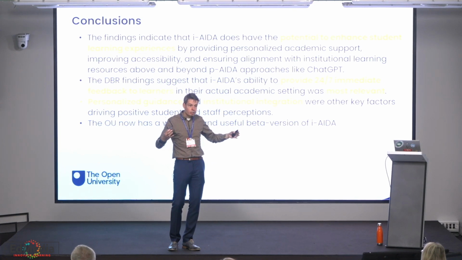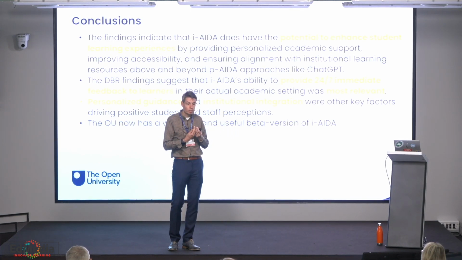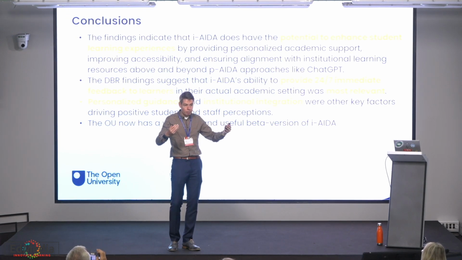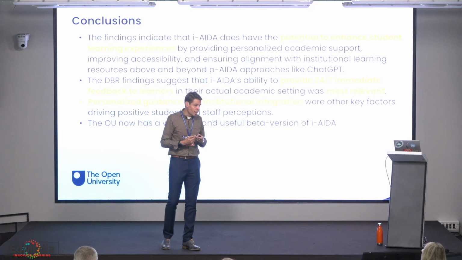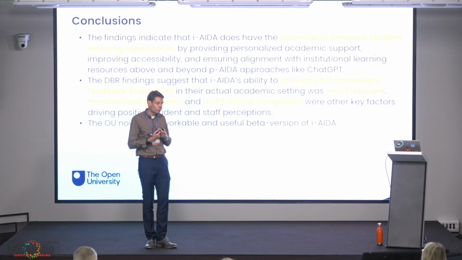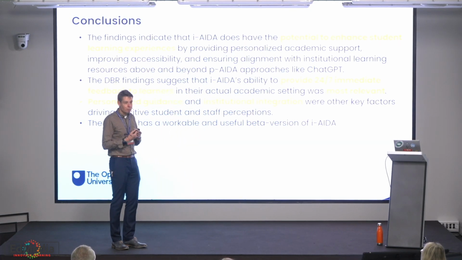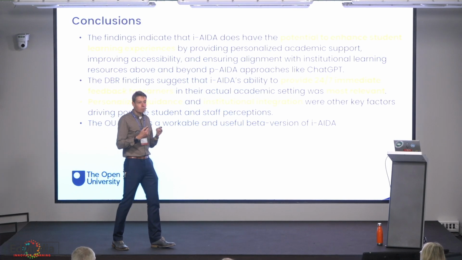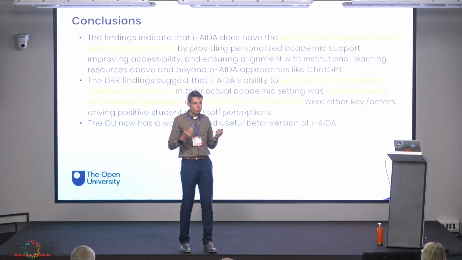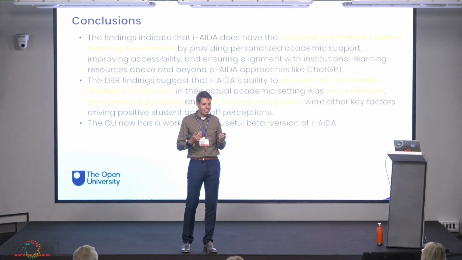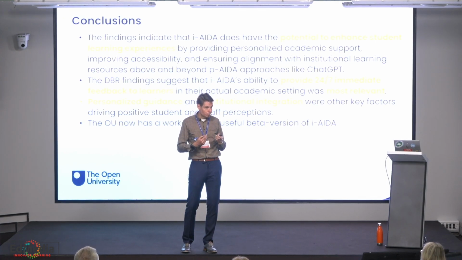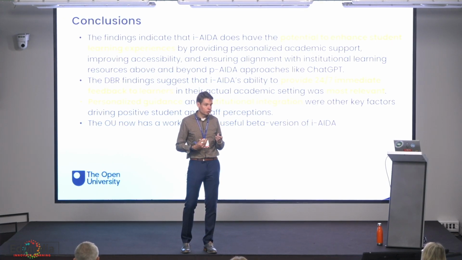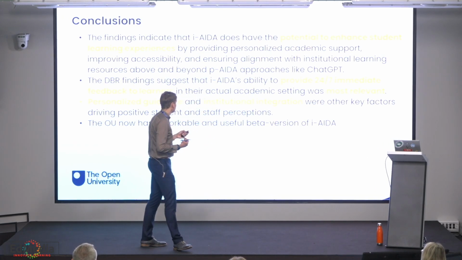We can integrate this in an institutional environment which is really safe, because we set the boundaries. We think we now have a workable, and we call it a useful, beta version. I have to be honest, this is not live for 200,000 students yet. But hopefully in October, we will make this live for some more modules beyond the 2 that we currently have available.